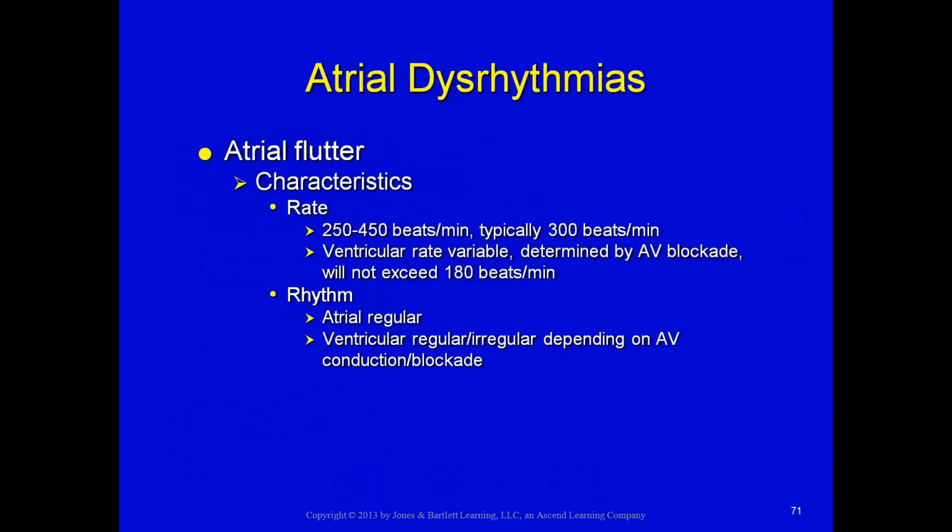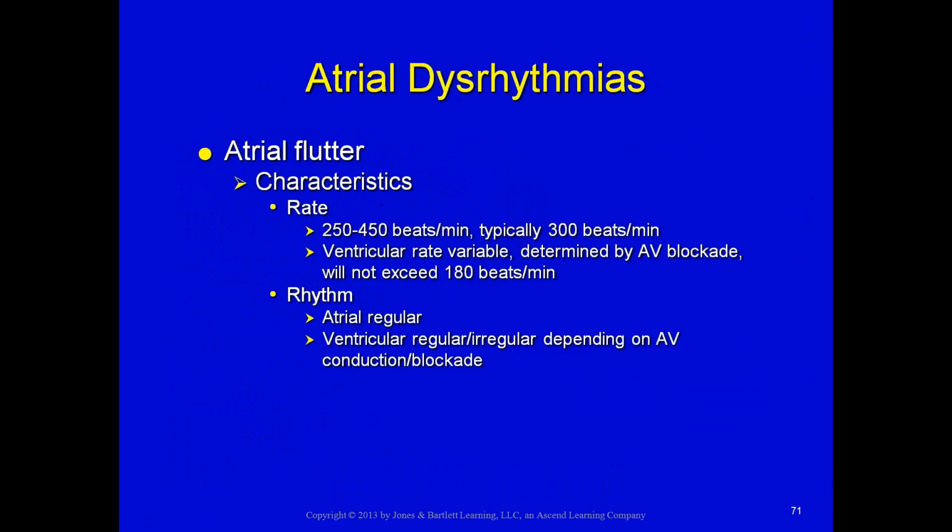Some other atrial dysrhythmias include atrial flutter. Atrial flutter, the rate is 250 to 450 a minute, typically around 300 beats a minute, so it's fast. The ventricular rate, the QRS complexes, are going to vary, and that's determined by the AV node.